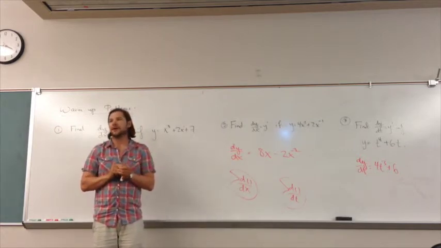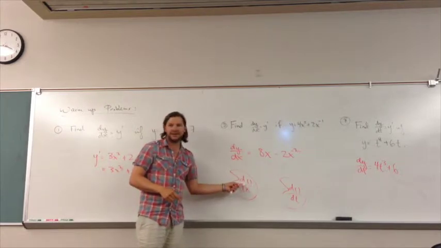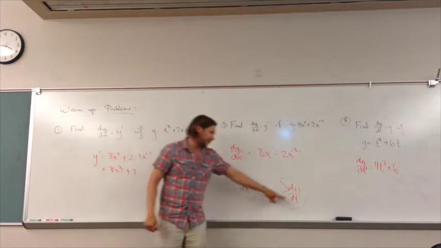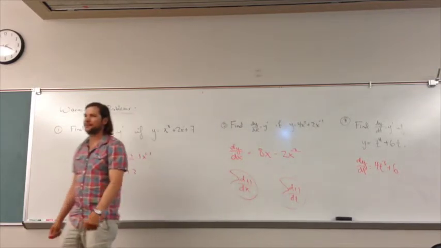Variable. The variable, right. So they're essentially the same function, but this guy eats x's and this guy eats t's. Okay? So this dt is telling you which variable you're going to differentiate with respect to.